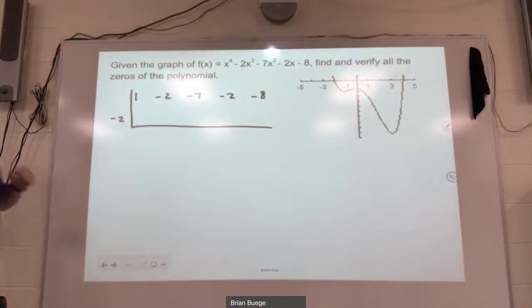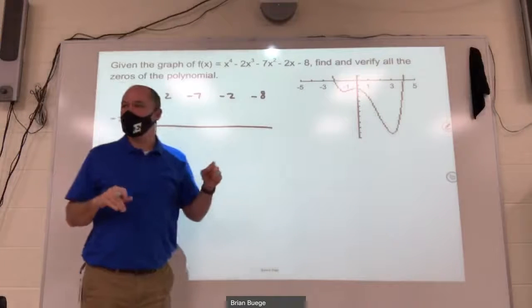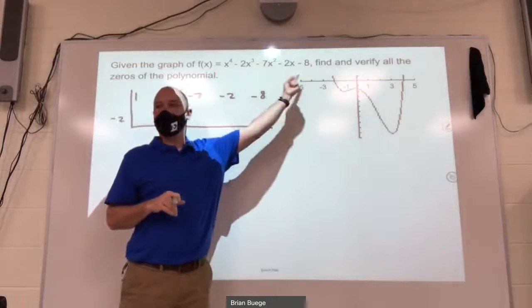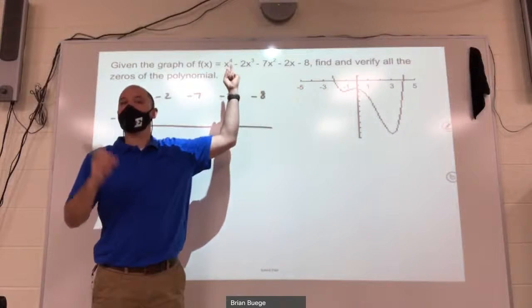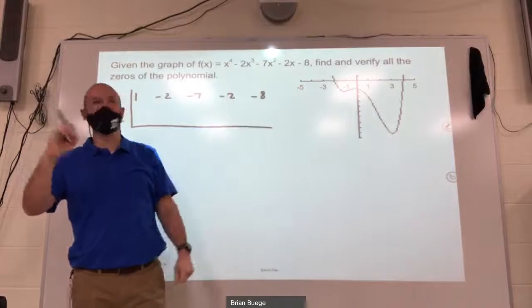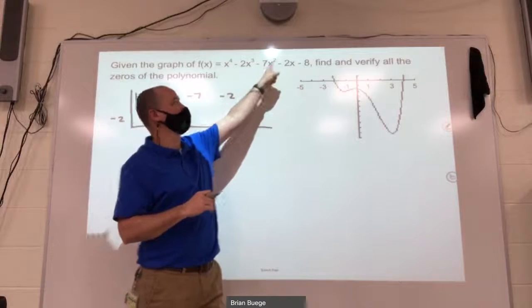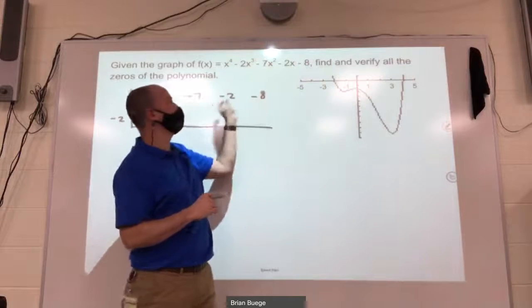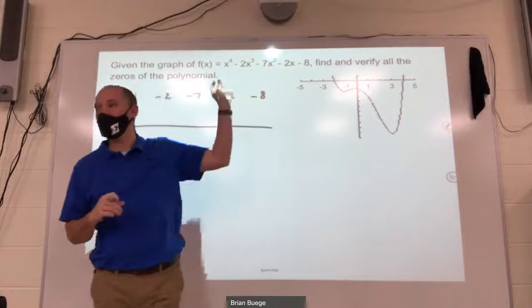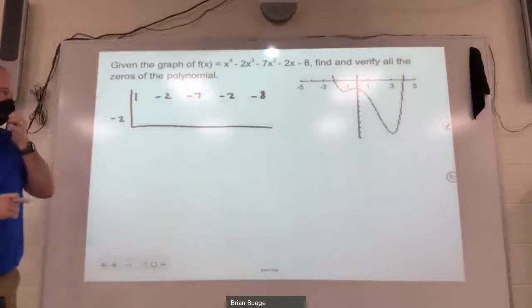Keep in mind, and I've mentioned this before, if there's ever a term that's missing, make sure you fill it in with zeros as a placeholder. So if there was no -2x here, if I just went from a -7x squared to -8, I'd have to fill in with a 0, okay, in that spot. So anytime you're missing a term, don't forget about that.